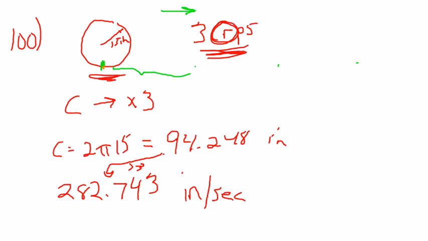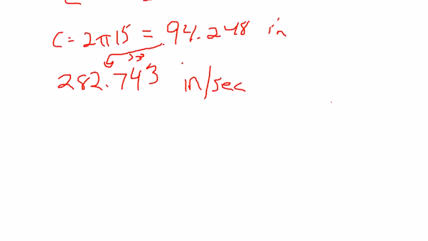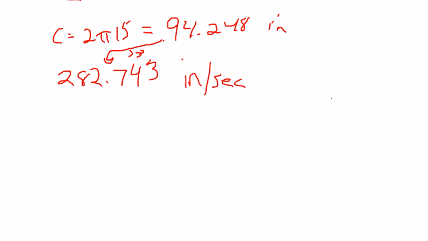The next thing it asks is miles per hour. So I need to take this 282, and I'm keeping it in my calculator this whole time. I'm not rounding at all. 282.743 inches per second.